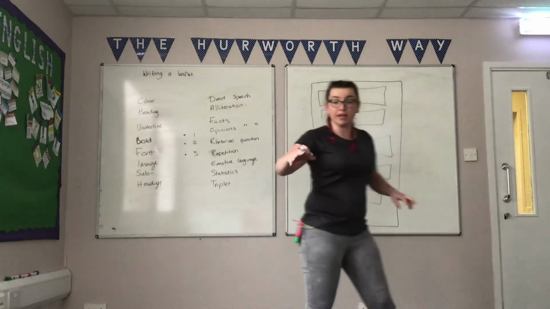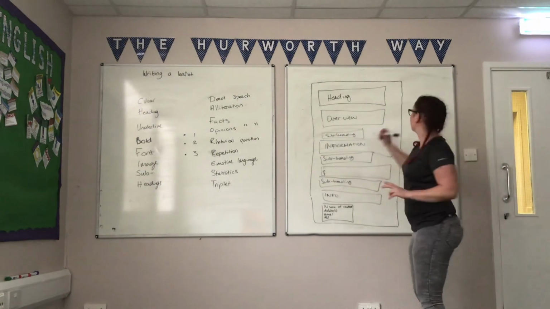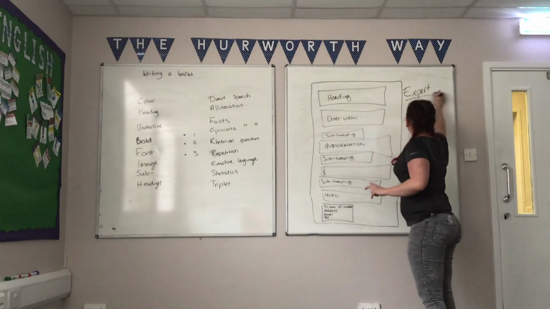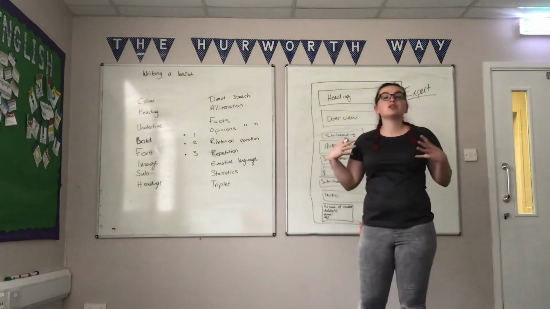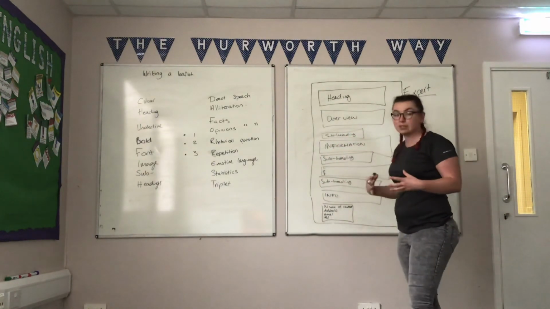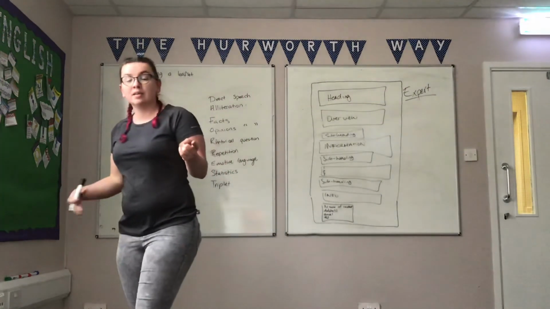Remember, if you're writing a leaflet, you're going to be an expert on this topic, okay? If you're an expert, you're going to know some technical terms which maybe your normal person will not understand. So if you use any technical terms, you need to explain them, okay? Could be in brackets, getting that structural feature in there, explaining what it is.